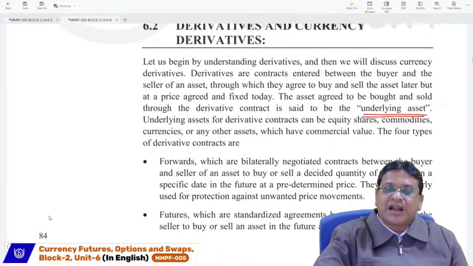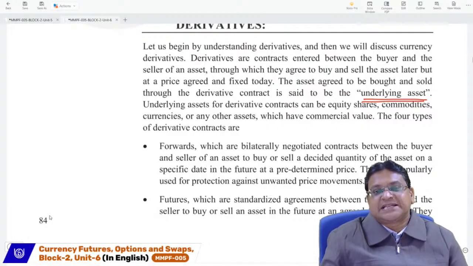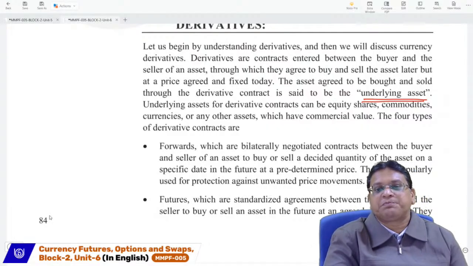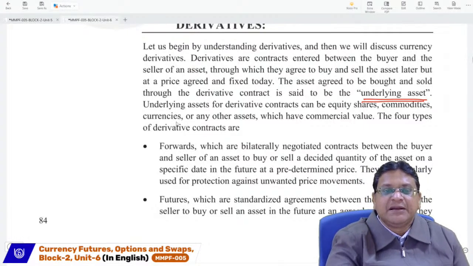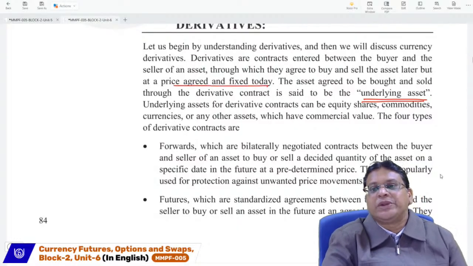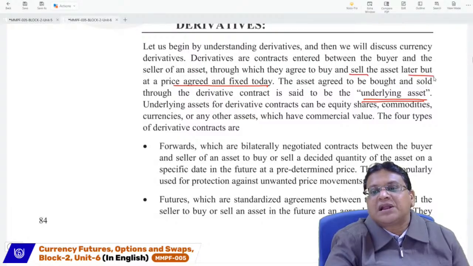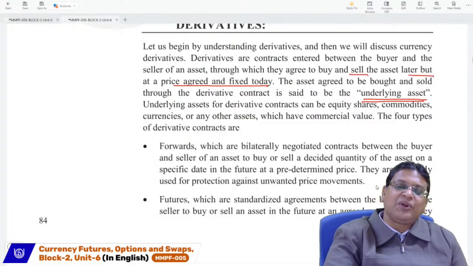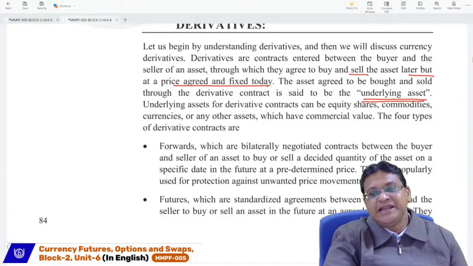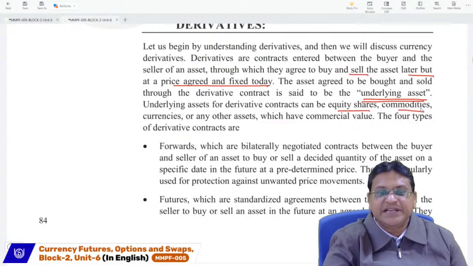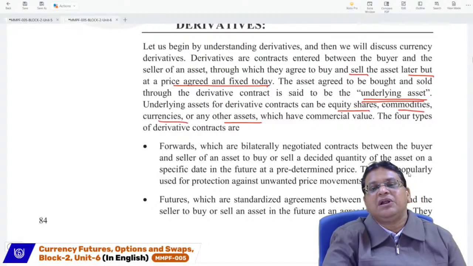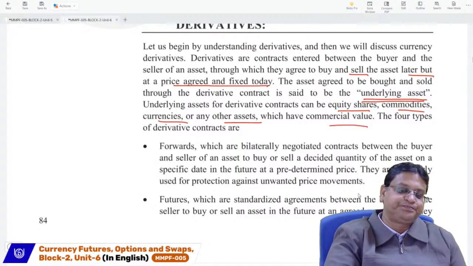Hence, a derivative contract is used to fix the future buying price or future selling price of the underlying asset today. Without an underlying asset, there cannot be any derivative contract. These underlying assets can be equity shares, commodities, currencies, or any other asset which has commercial value.